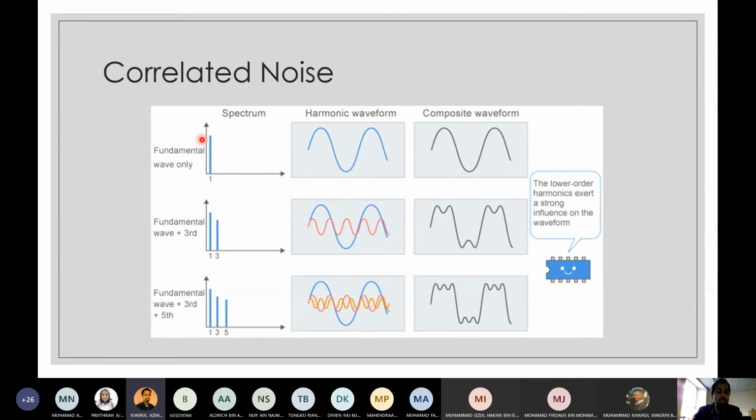So katalah kita ada fundamental frequency. So fundamental frequency alone, we have a very nice waveform. But if we have a harmonic at the third level or the third harmonics, so katakanlah yang ini 50 Hz, 50 Hz that means in 1 second it has 50 cycles. So the third harmonic, that means 3 times 50, 150, that means in 1 second it has 150 cycles.